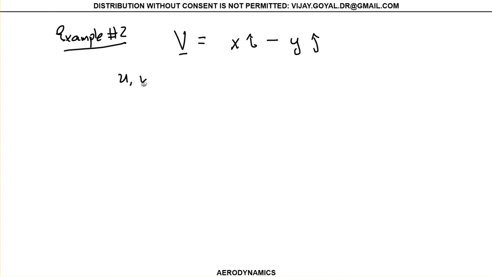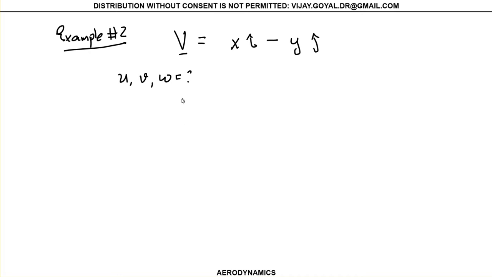Problem number two, let's see what it looks like. The same thing, same problem, a different function. Example number two: V is equal to x i minus y j, and the same thing, I want to find u, v, and w.